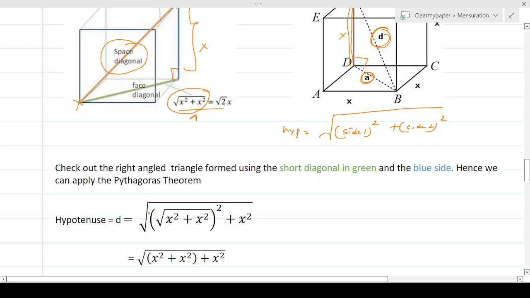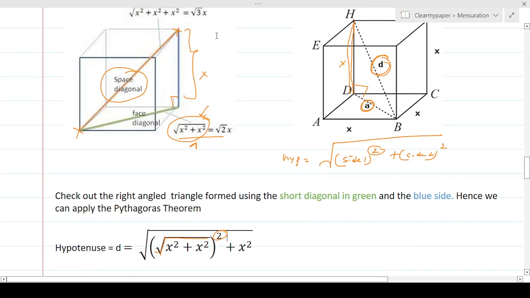We know that, right? So if you see, this is side 1. The side 1 already has a square root. So this is side 1, the square root of that, okay? And we take the diagonal as it is, and we need to square it up like this. So we are going to square it up, and plus we are going to add this height or the other side, which is x, and that's going to be squared again because we have a square here.